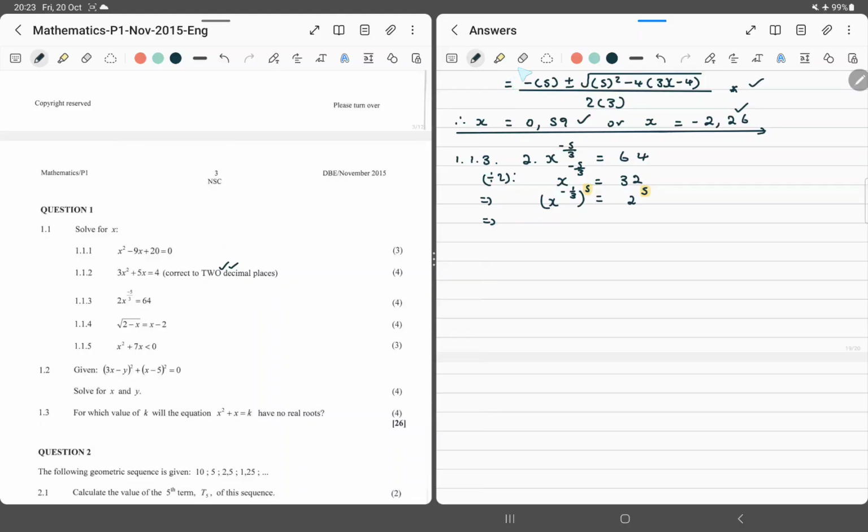This implies that x to the exponent minus a third is equal to 2. Okay, great. So now what do we do? We need to perform a gymnastic. We want to eliminate that minus a third. There's plenty of ways.